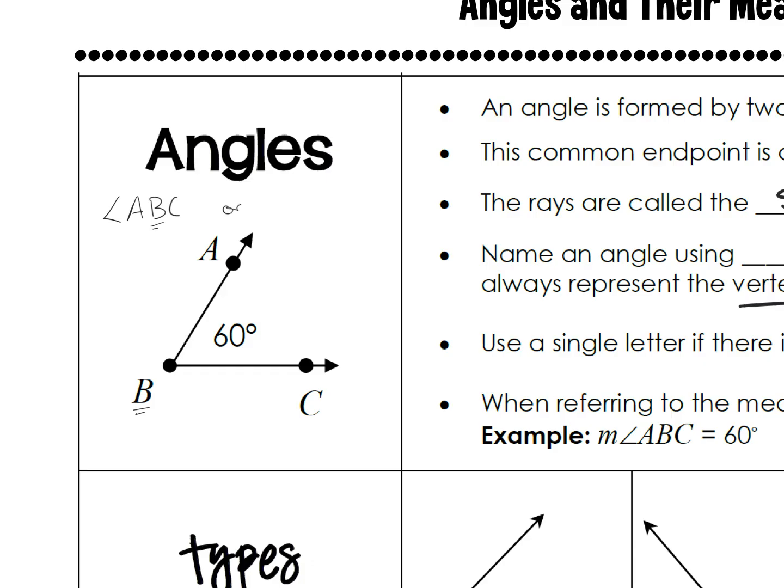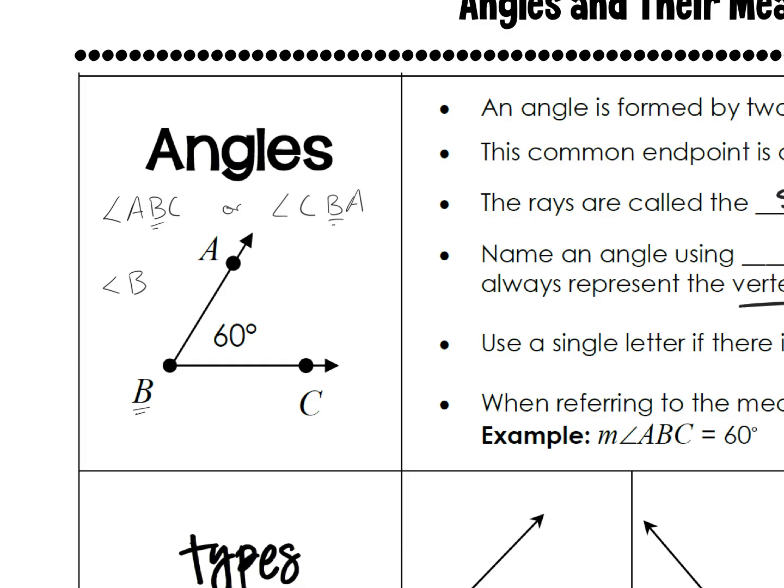I could also name this angle CBA. Again, B, the vertex, is the middle letter. The next way you can name an angle is with just the letter by itself. So I could call this angle B. Now, this name only works when there's only one angle on the vertex.